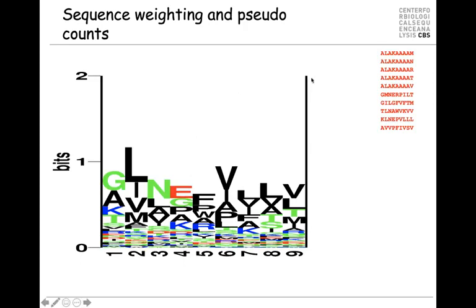So now applying that trick to our data up here, still only the same 10 peptides as before. We do the sequence weighting, we do the pseudo count, and we get this logo back. It still doesn't look very good, right? But now we have at least recovered that P2 is the most important. P9 still doesn't look very good. We have the right amino acid types, but the information content is very low.